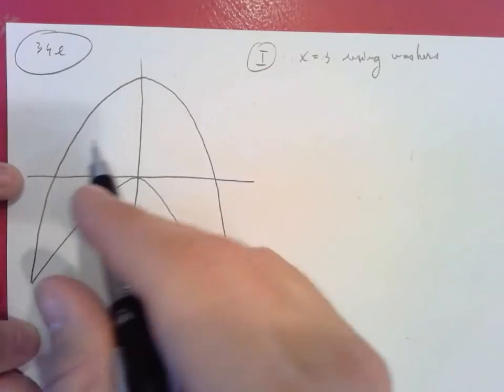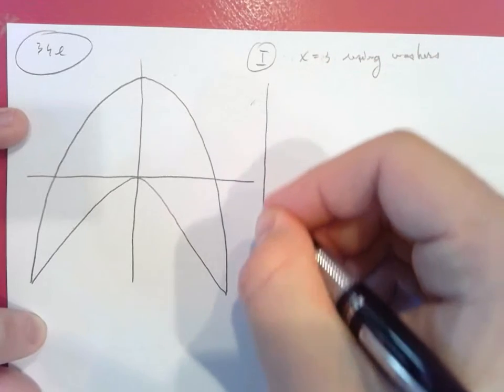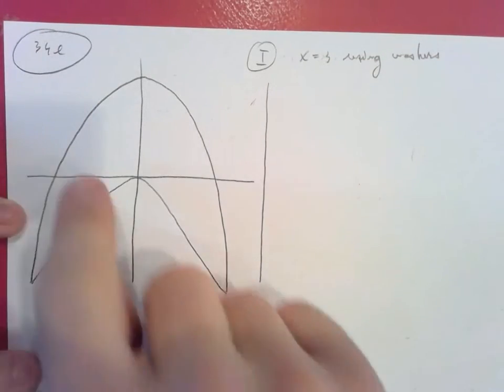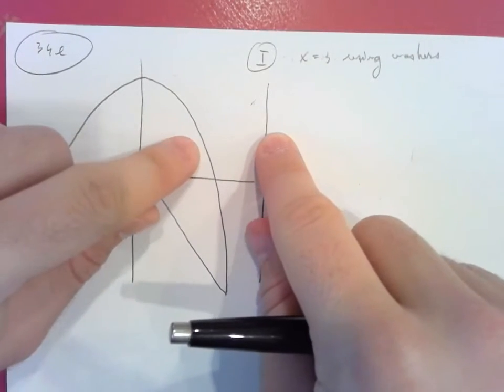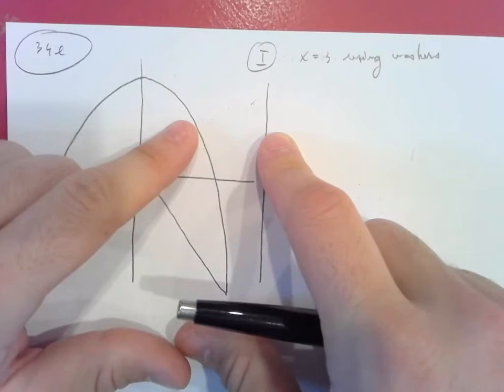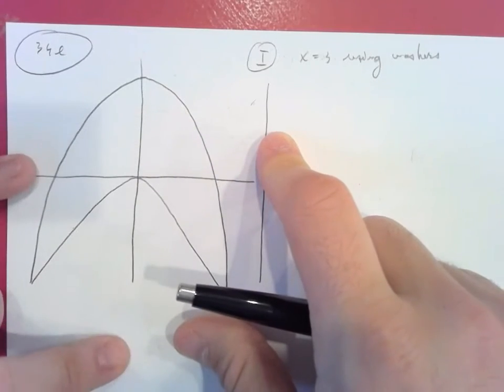So if I'm using washers about a vertical line, what's going to happen is I need an inner radius and an outer radius. And notice that these are going to all depend on y. Okay?